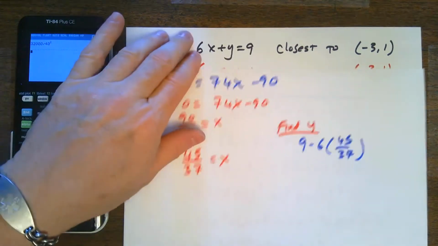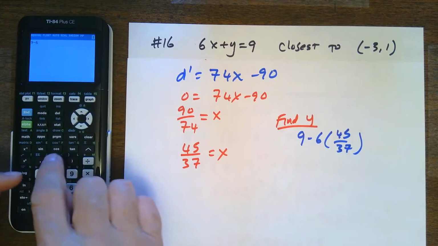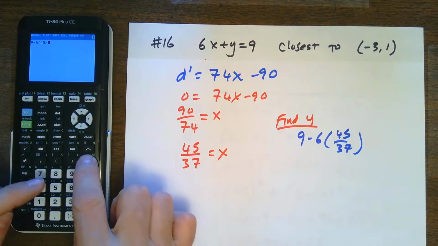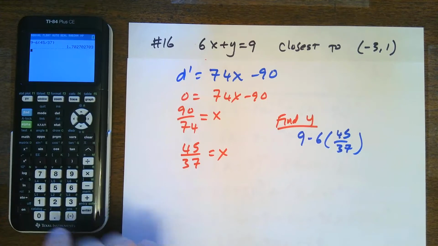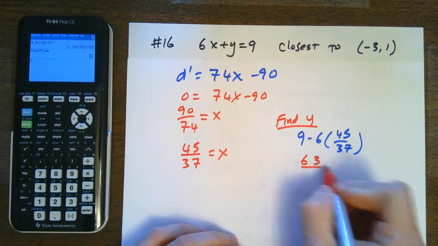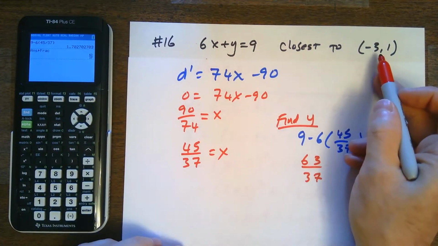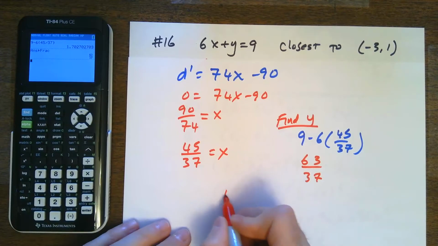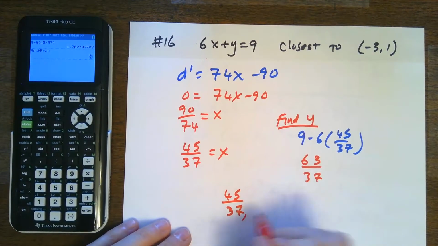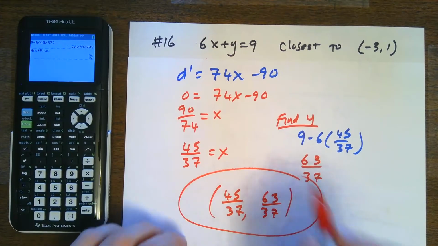Using the calculator, 9 minus 6 times 45 divided by 37, some horrible decimal, convert it to a fraction, and I get 63/37. So what is the point on this curve closest to that fixed point? It would be the point (45/37, 63/37). There's my answer.